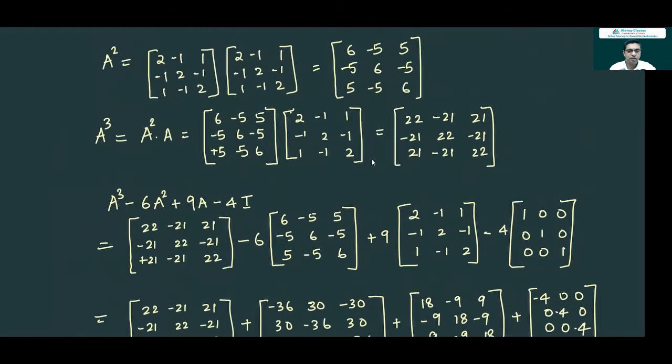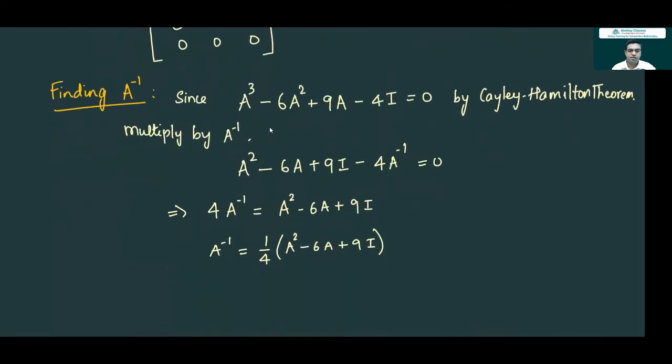Now A square we calculated. A square is 6, minus 5, 5, minus 5, 6, minus 5, 5, minus 5, 6. So 1 by 4 times that matrix.